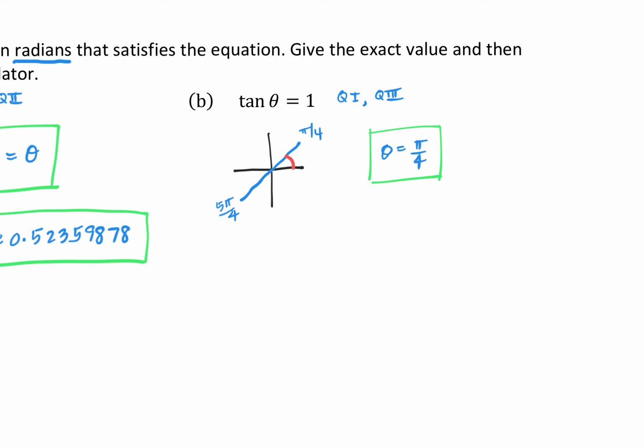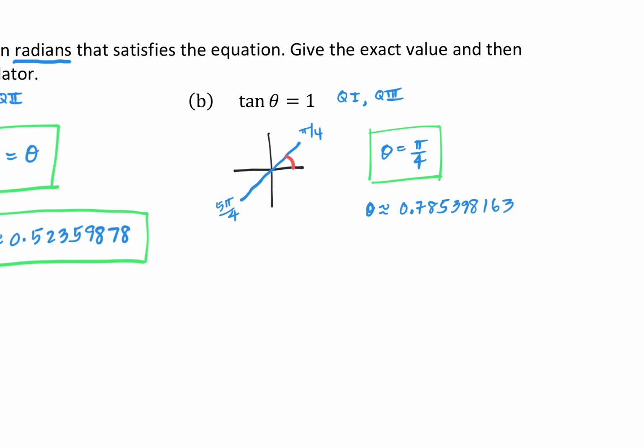In my calculator, if I were to put in the second tangent or tangent inverse key, depending on the calculator you're using, and I put in 1, you should get theta is approximately equal to 0.785398163.